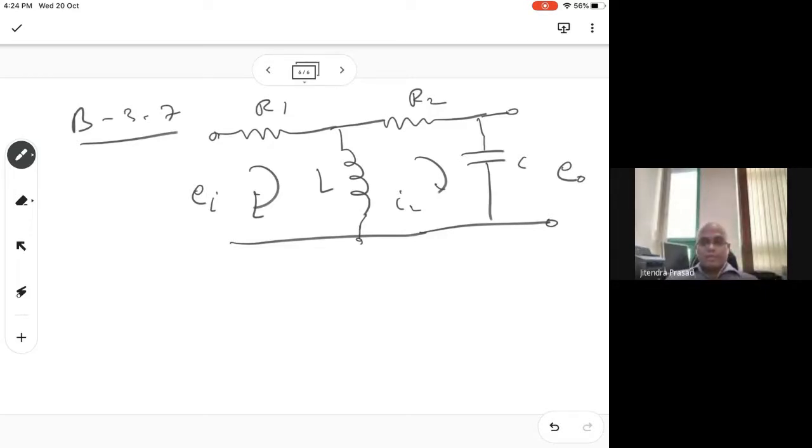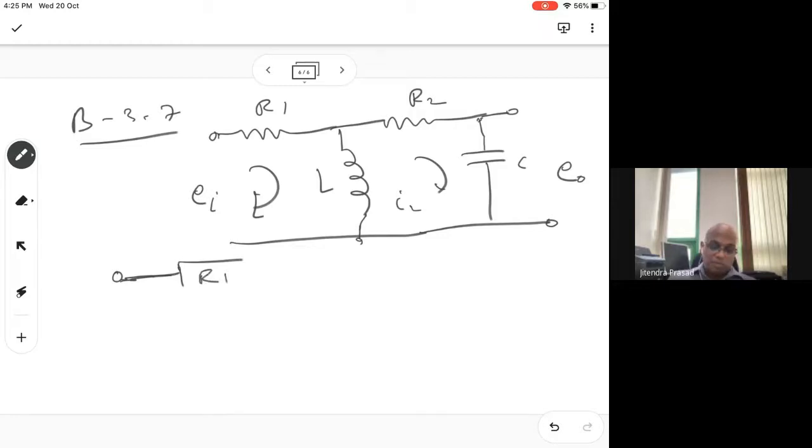Now here we have to find the actual currents flowing. You can also write it in terms of impedance.